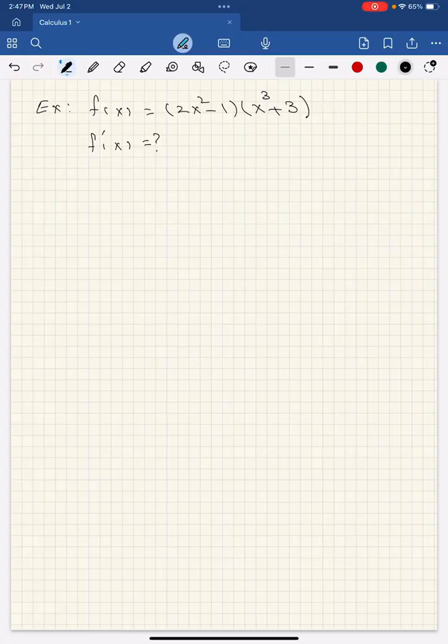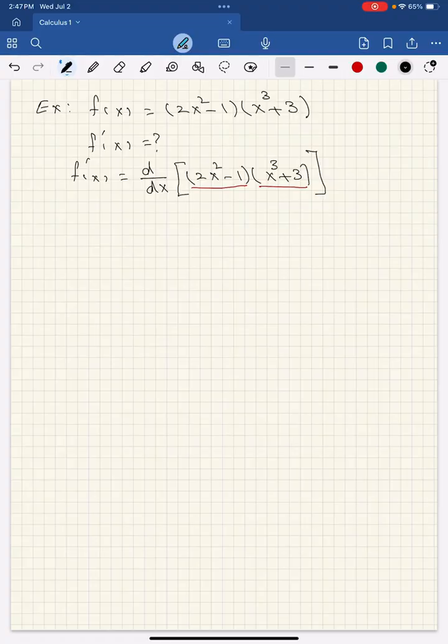Very easy, very easy. This should be your notation like this. F prime of x equals, first write down d dx of this product, 2x squared minus 1 times x cubed plus 3. Now, if you focus, this is one function, this is another function.